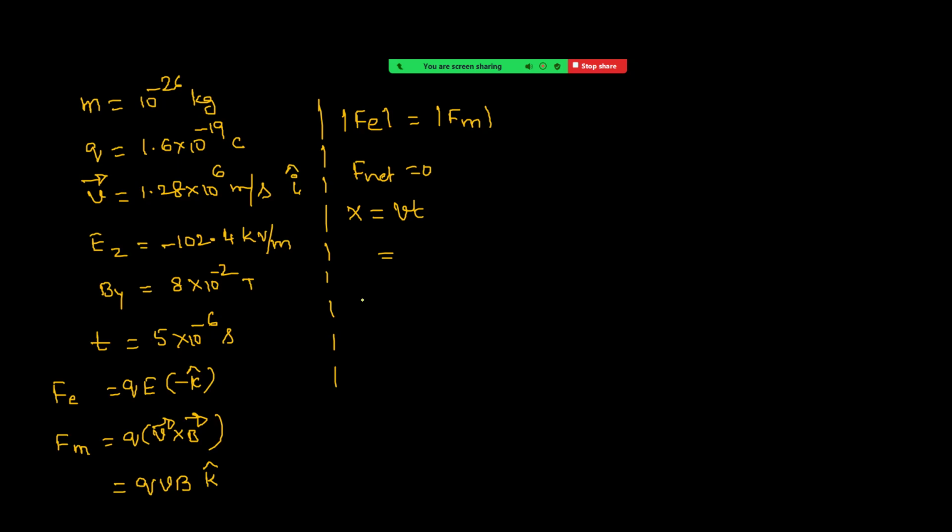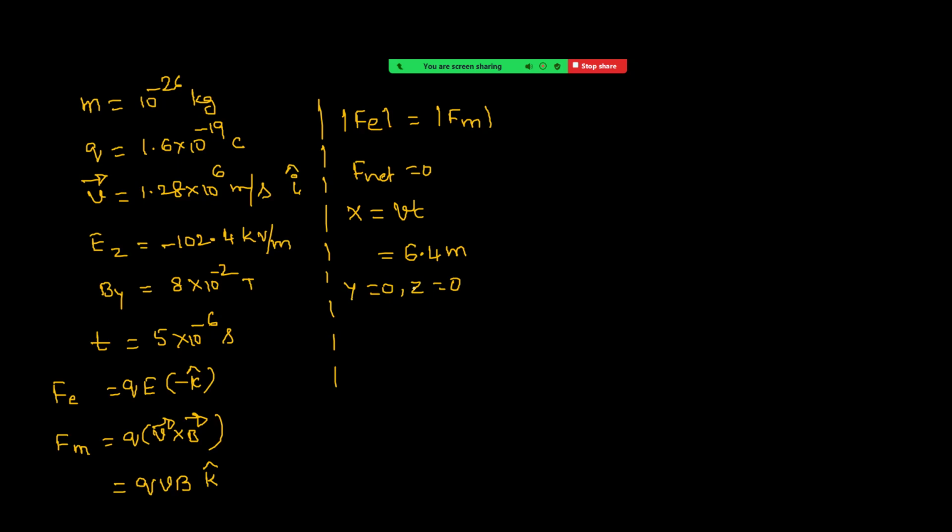Then see how much we get: x equals 6.4 meter. That means the coordinates: x value we got, y value 0, and z also 0, because net force is 0 and velocity is constant. So it moves along the positive x-axis. That's why y and z both are 0.